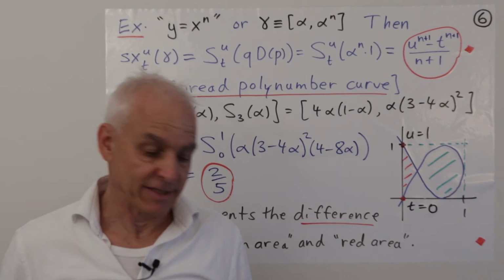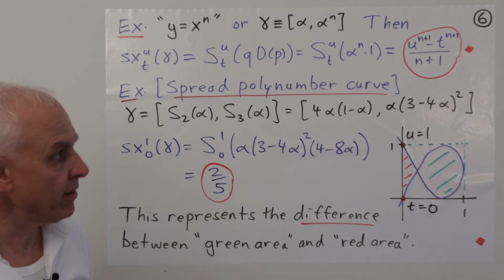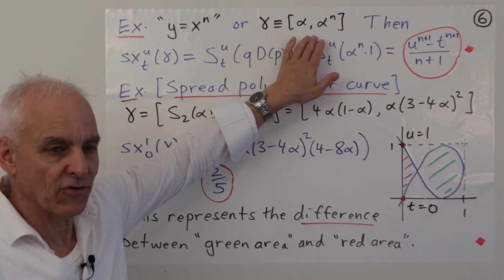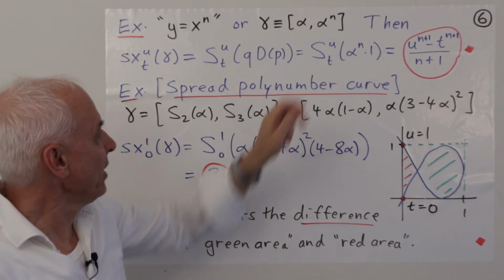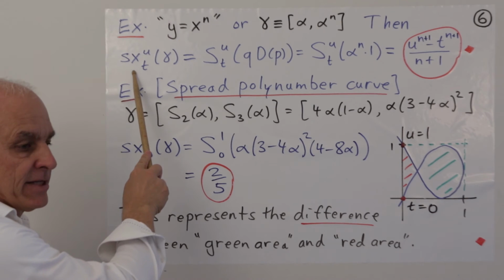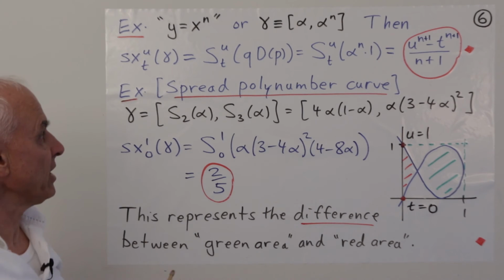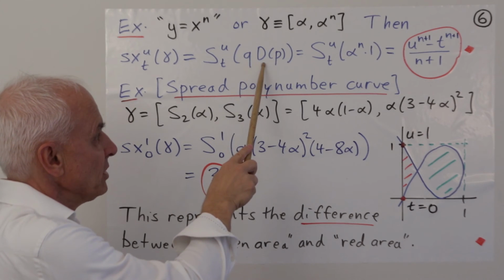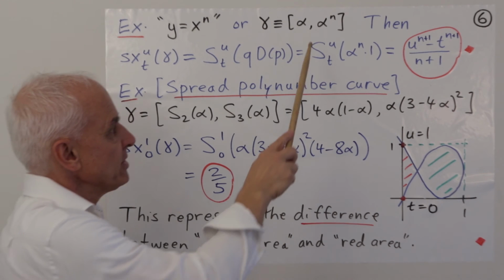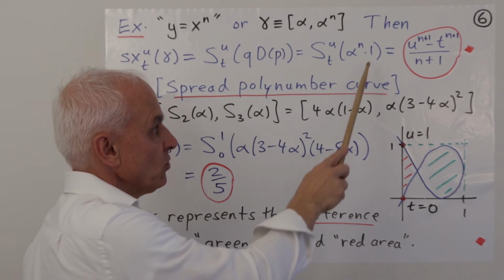Okay, so let's have a look at an example. If we start with the function y equals x to the n, which we prefer to think of as the curve alpha to the n, then the signed x area from t to u of gamma is, by definition, the Faulhaber integral from t to u of q dp. Q is alpha to the n, and dp is the derivative of alpha, which is just 1.